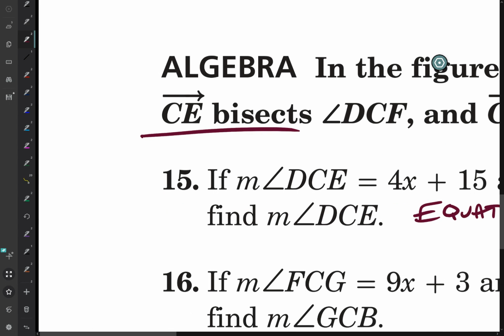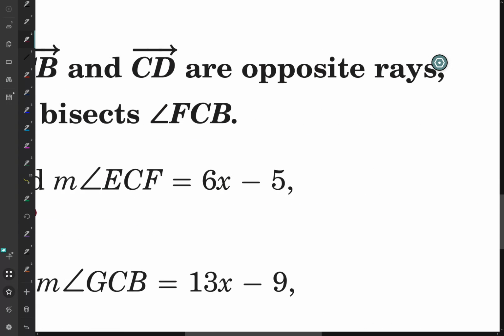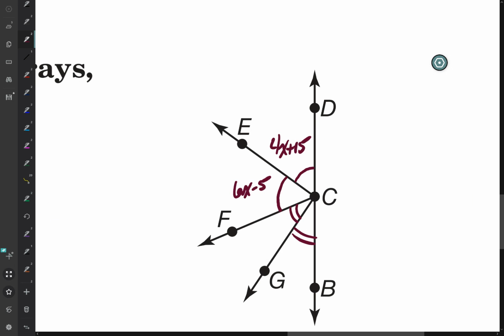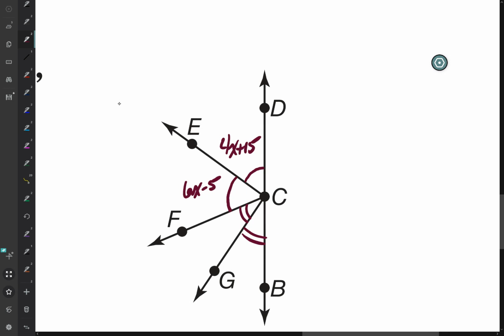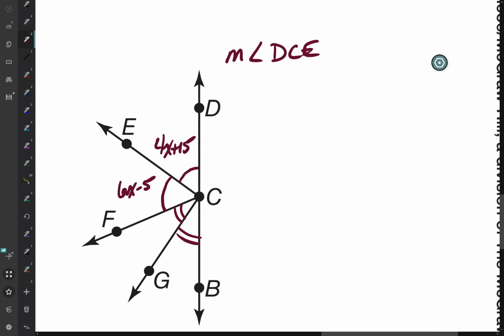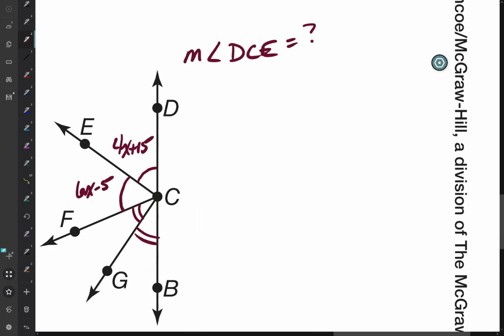Okay. What did they ask me to do? Find DCE. And they want me to find the measure of angle DCE. Well, I'm going to use this picture, and over here to the right, we're going to solve.